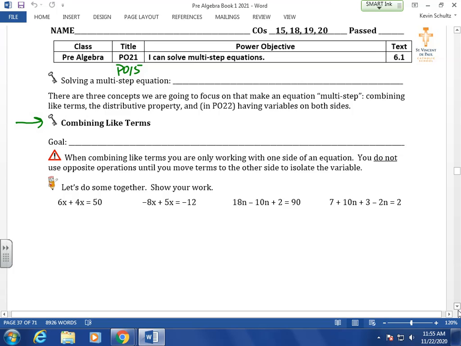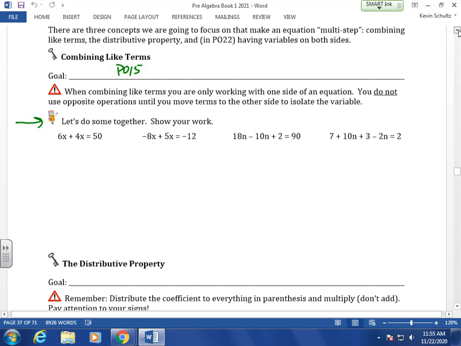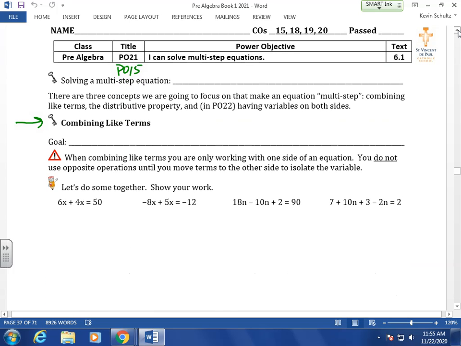You go down the page a little bit further. The distributive property, where have you seen that before? PO15. The thing about PO21 is that you're really not learning anything new, okay? Because if you know how to combine like terms, which we've done, and if you know how to distribute, which we've done, that's going to be how you get to your two-step equation. And once you get to that two-step equation, then it's just add, subtract, multiply, divide.